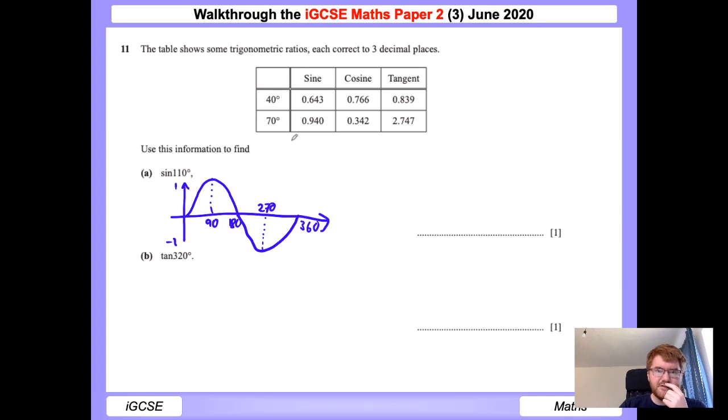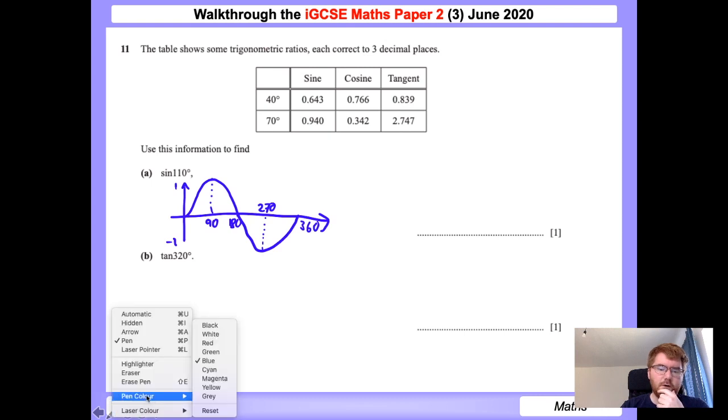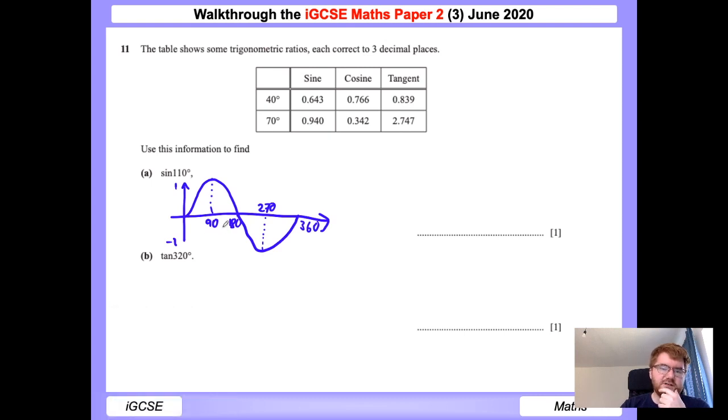So we're given two values here. We're given 70 and 40. The first thing I would notice here is I put in the value I want, which is 110. So here, 110. And I would notice that this is 20 degrees away from 90.